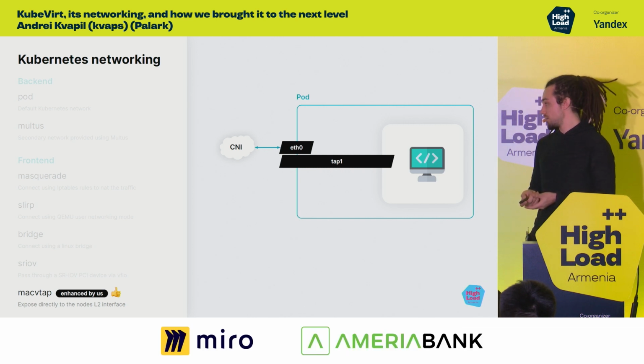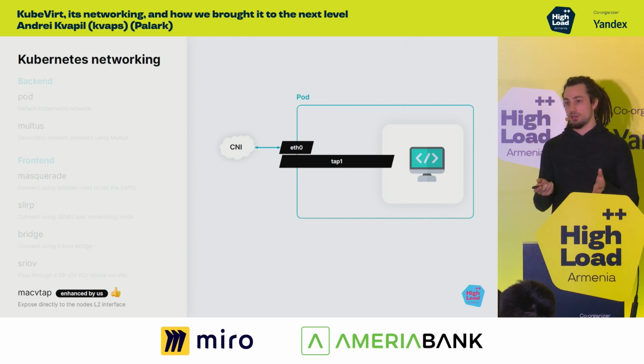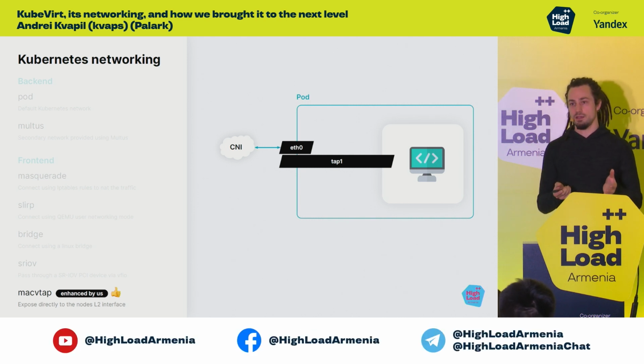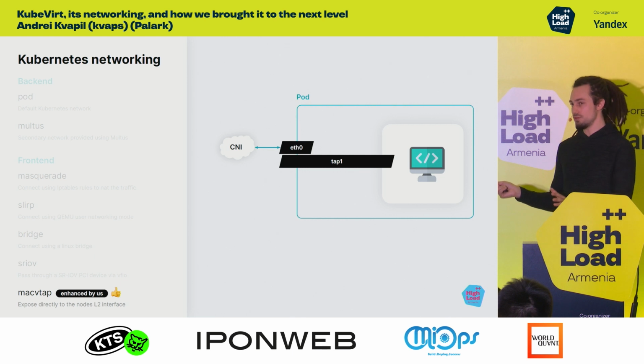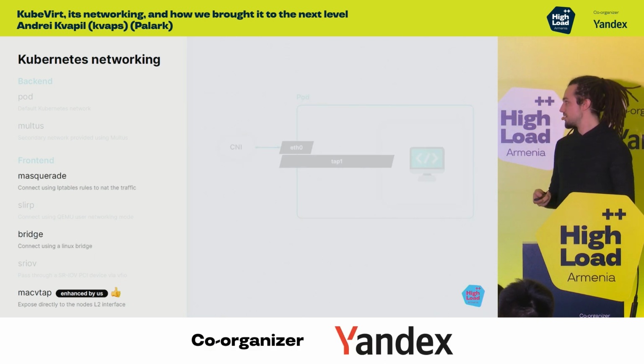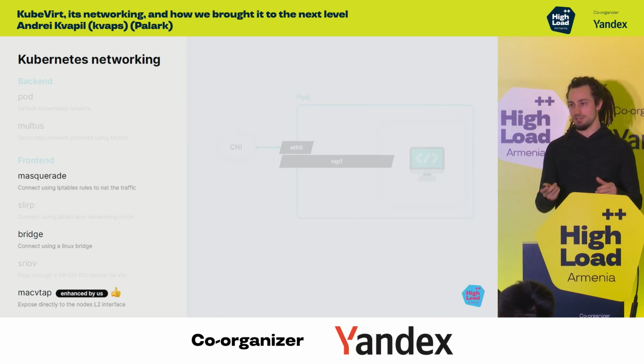So we changed KubeVirt in this way and found that it works really nicely. We use Cilium CNI, so we have policies and Kubernetes services networking, and we don't need to use Multus at all. The isolation is performed by the policies.